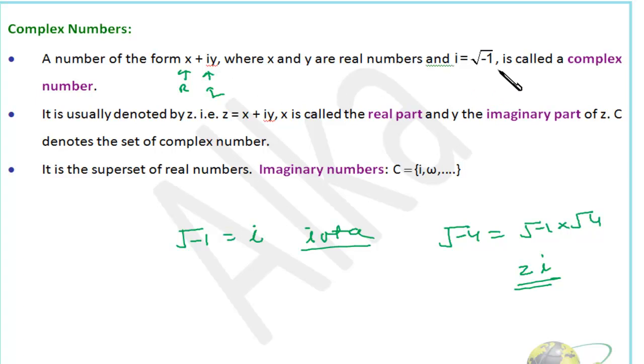Here, root minus 1 is i, and we call such a number a complex number. It's usually denoted by z, where z is x plus iy, x is the real part and y is the imaginary part. The set of complex numbers is denoted by C, and it is a superset of real numbers.